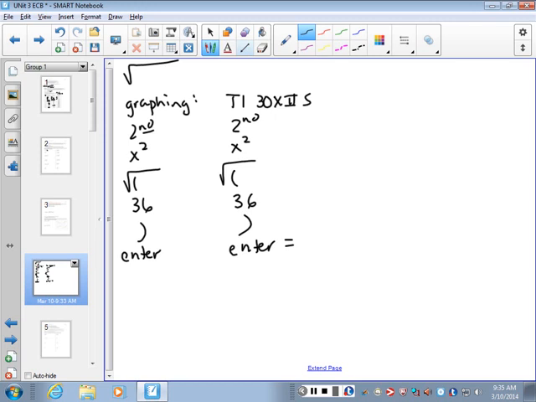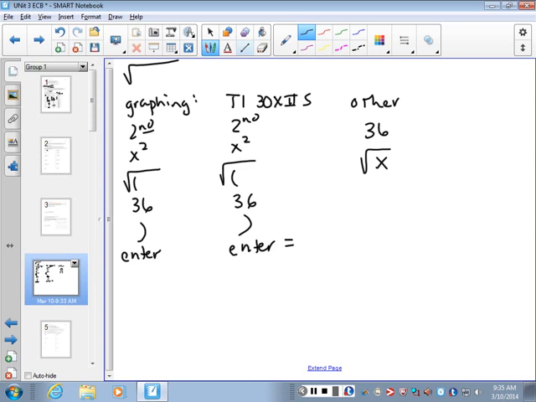So if you have a calculator that doesn't keep a big line of what you've entered, you're actually going to enter the 36 first. And then on these, which is the most common one, you just have a button that looks like this. If you type in 36 and then the button that has the square root with the x, it gives you the answer.